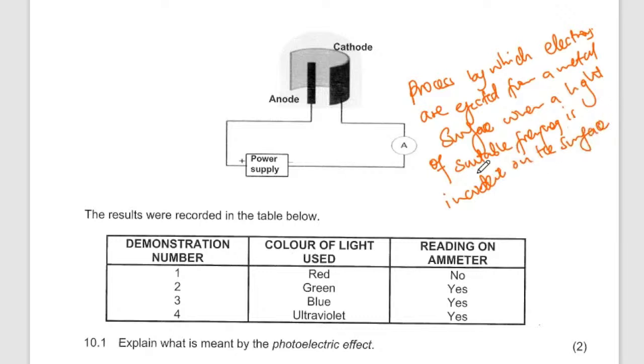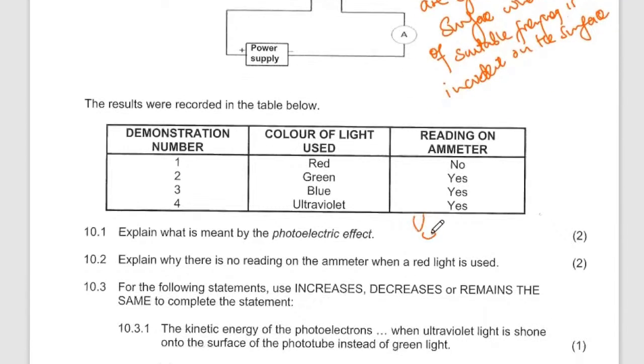In other words, you first shine the light on the surface, and then electrons will come off, but the light has to have sufficient energy.